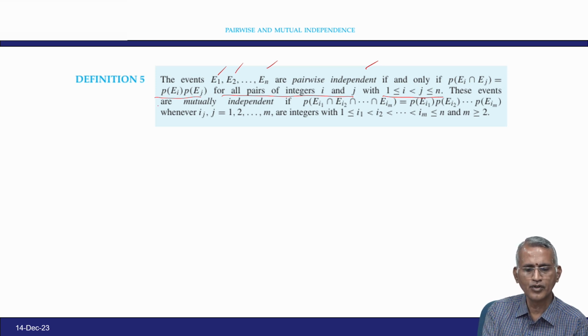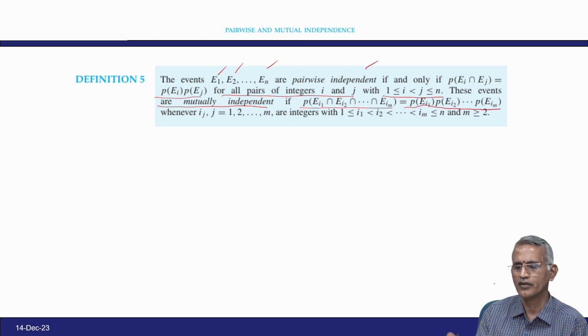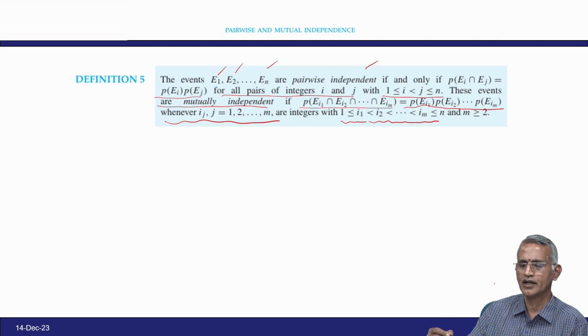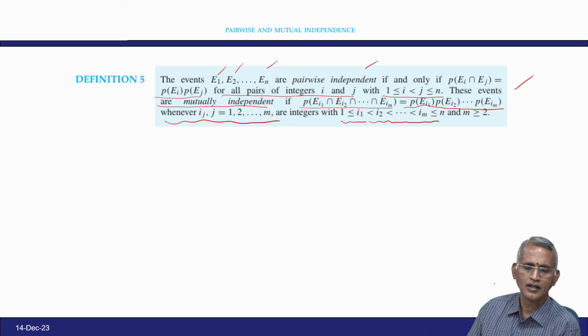These events are mutually independent if probability of Ei1 intersection Ei2 and so on intersection Eim equals probability of Ei1 into probability of Ei2 and so on probability of Eim, where j is equal to 1, 2, 3 and so on m, for integers with 1 less than or equal to i1 less than i2 and so on less than im less than or equal to n, and m is greater than or equal to 2. These are pairwise or mutually independent events.